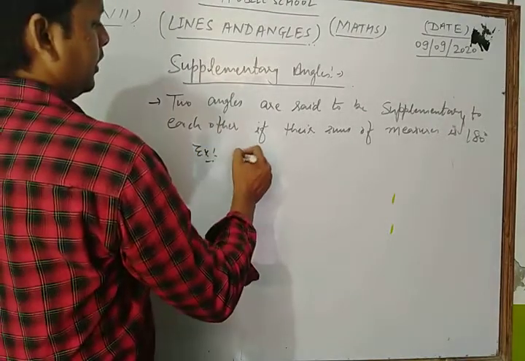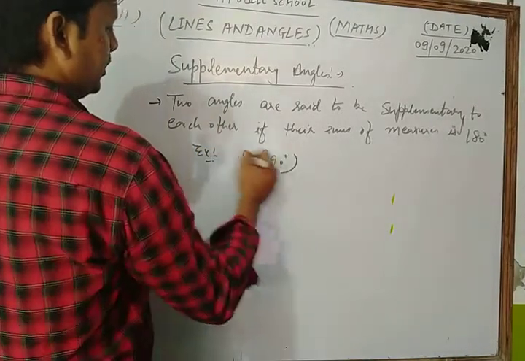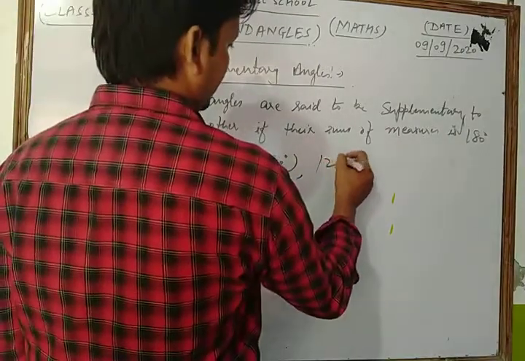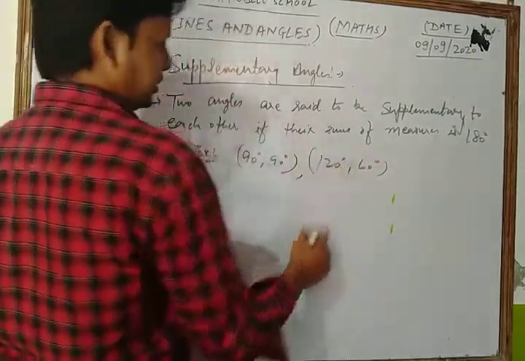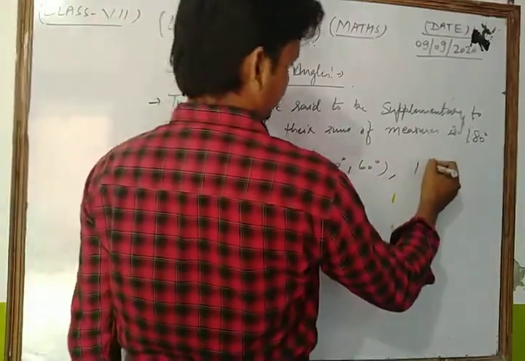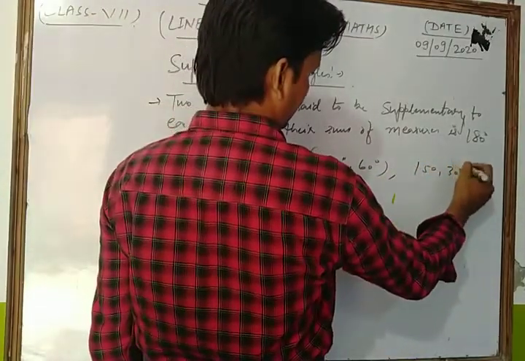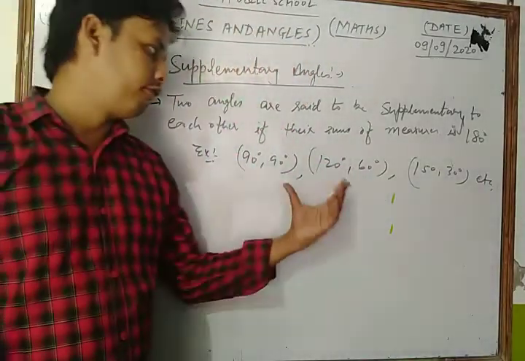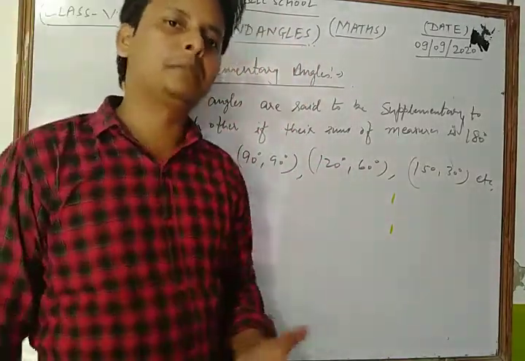90 and 90. These pairs are supplementary to each other. 120 and 60, and 150 and 30, etc. Dear students, here we write some examples of supplementary angles.